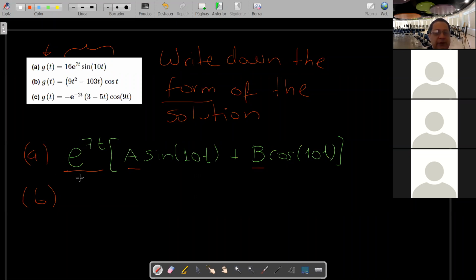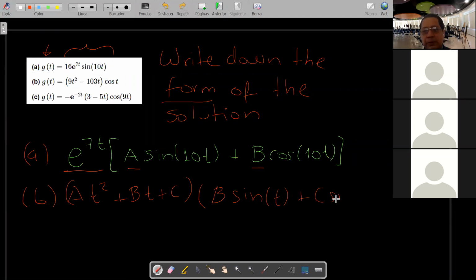Okay, let me write it over here. So a times t squared plus b times t plus c times the guess solution, b sine of t, right? Plus c sine of t, cosine. Teacher, shouldn't we use different constants? Yeah, you're absolutely right.